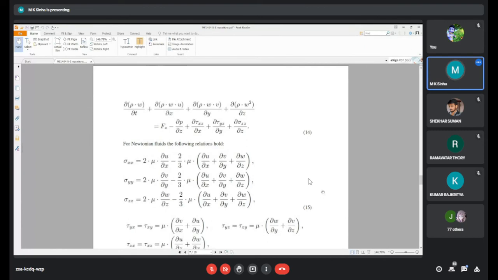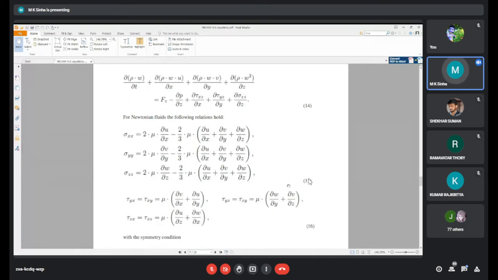If anybody is interested, you can go through the first chapter of Boundary Layer Theory by Schlichting, where all these relations are derived. At this level you will not be asked such relations in the examination, but you should know them to go on to higher studies.